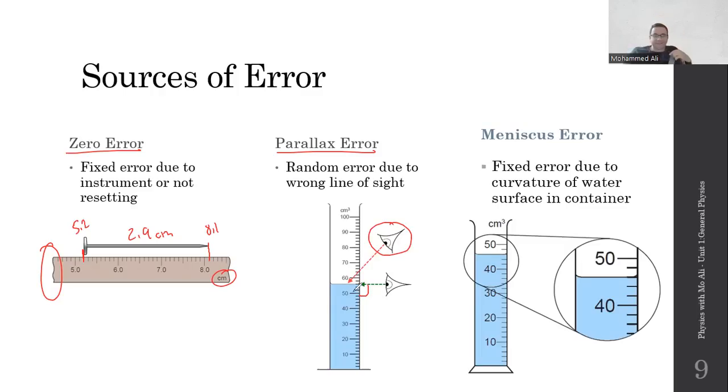You looking at a different angle to where the object surface actually is, that's called parallax, and that's called a parallax error. So what's the parallax error? You're not looking right. How do you fix it? By looking perpendicular to the scale.